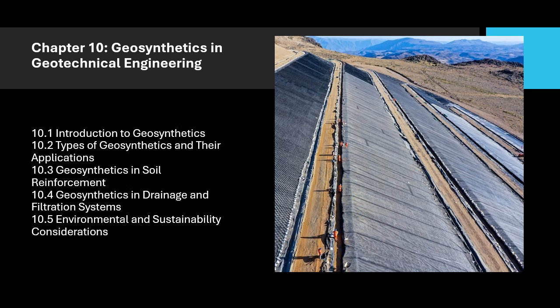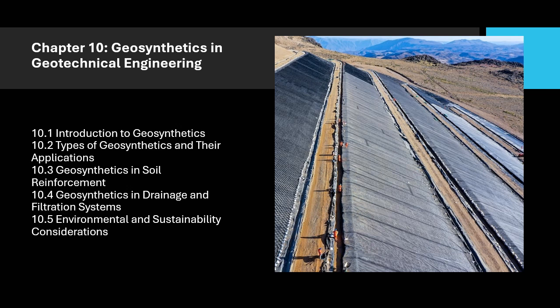Description. Geotextiles are synthetic fabrics made from woven or non-woven materials. They are commonly used for filtration and separation in drainage systems, allowing water to pass through while preventing the migration of fine soil particles.